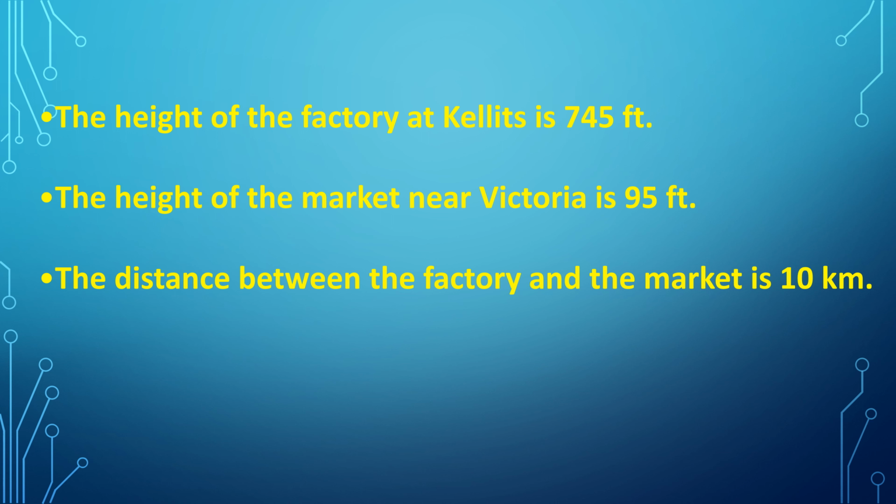Well, as you noticed, both the height of the factory and the market are in feet, but the distance between them is in kilometers. It means, therefore, that we'd have to convert our 10 kilometers into feet.